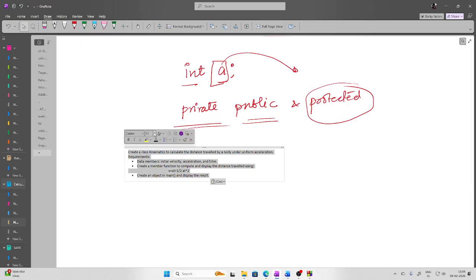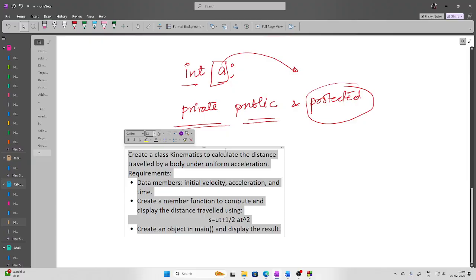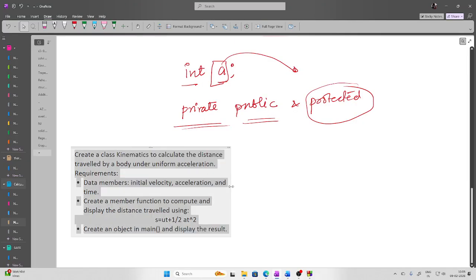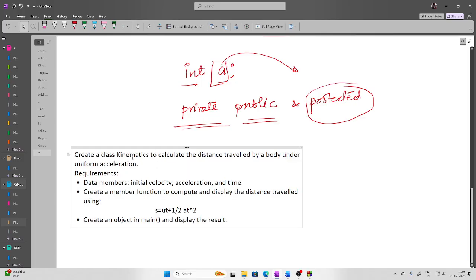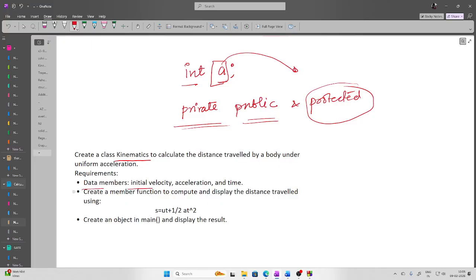Now what this is saying is that you have to create a class. The name of the class should be kinetics, and it should have the data members initial velocity, acceleration and time. So U, A and T should be taken as the data members.